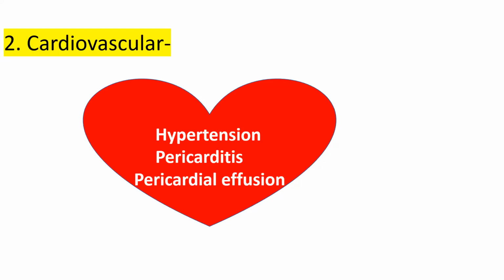Don't get confused between these two. Pericarditis is the inflammation of the sac, the membrane covering the heart. And pericardial effusion means there will be excess fluid between our heart and the sac, that is the pericardium. If there is excess fluid between the heart and the pericardium, then that is known as pericardial effusion. Are you clear?